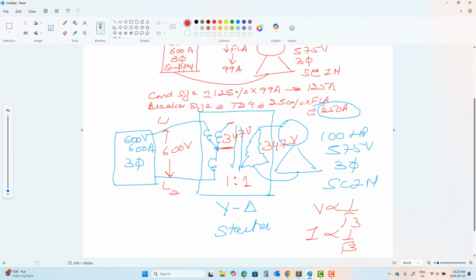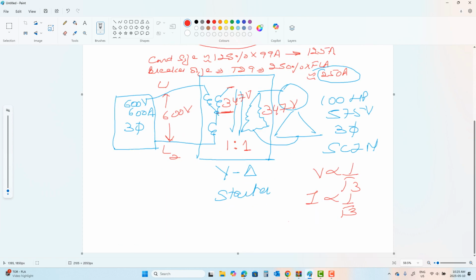What does inrush do? Inrush exactly acts like the motor. Remember on the first day of our class, I taught you that if your voltage goes down by a factor of half, your current goes down by a factor of half, and your power will go down by 1/4, right? Rather than a 240 volt baseboard heater, I'm connecting 120. A 10 kilowatt baseboard heater will now generate 2.5 kilowatt.